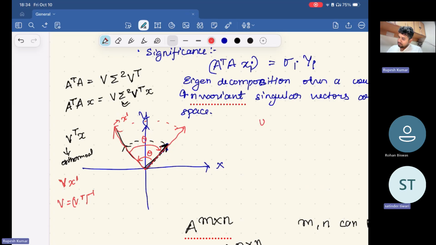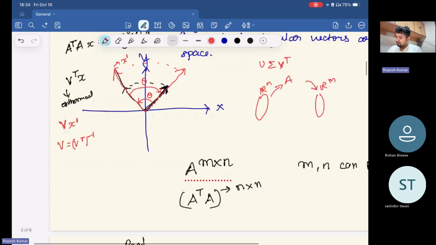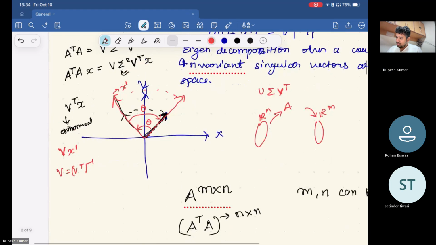So think of it like this, U sigma V transpose, right? Now you have a matrix A that had some input space and some output space. It was taking inputs from the Rn dimension and transforming them to Rm dimensional vectors, right? Now V spans which space?